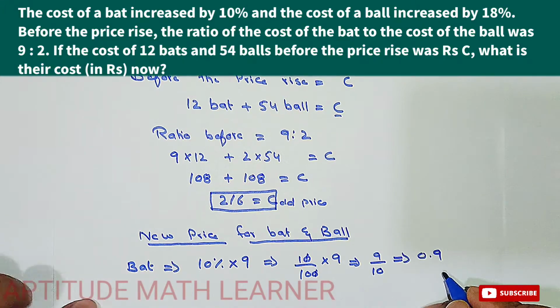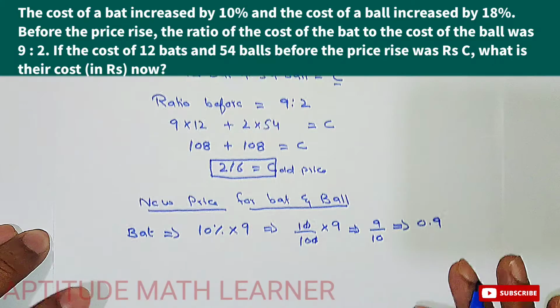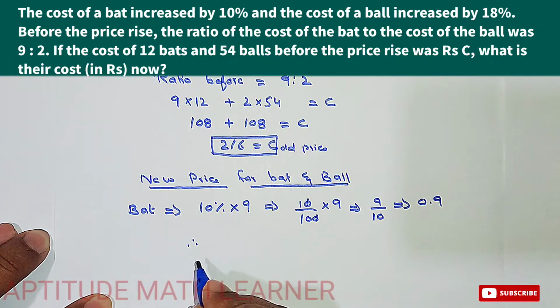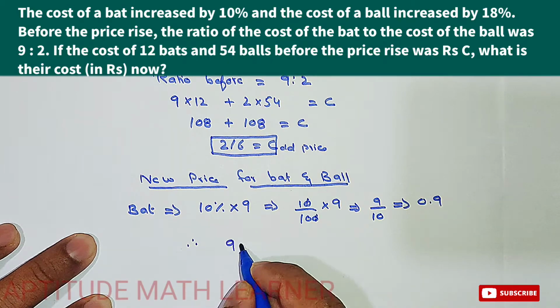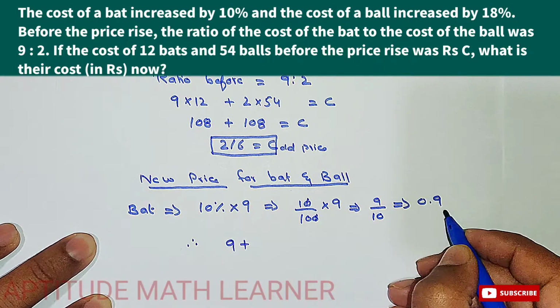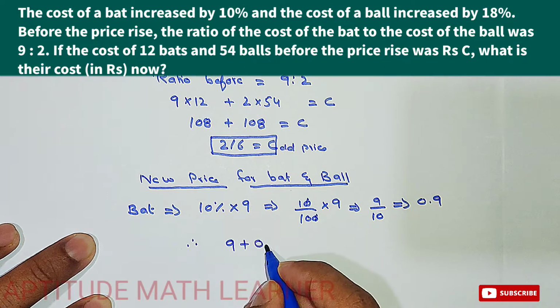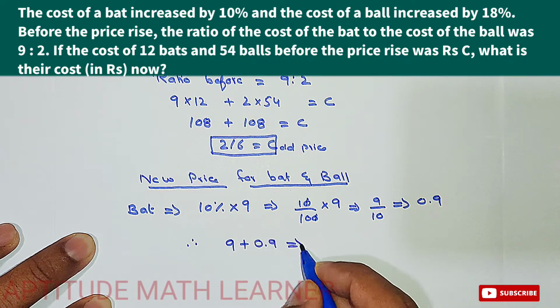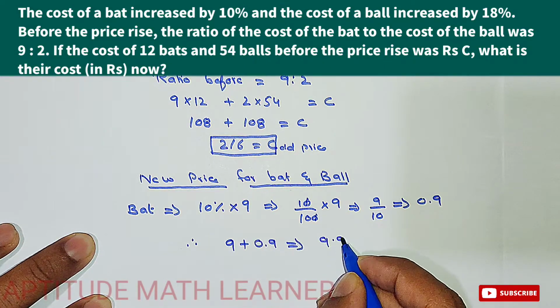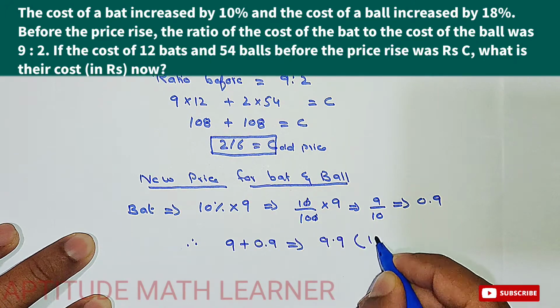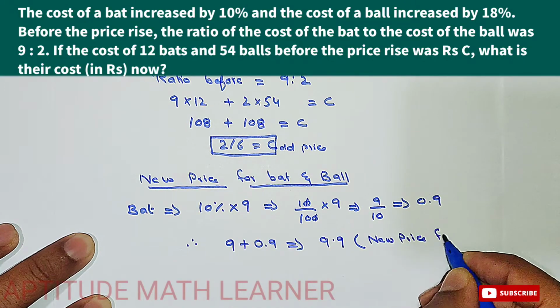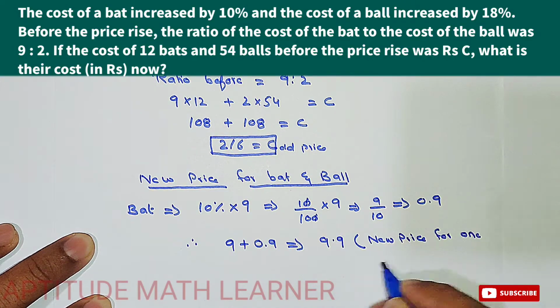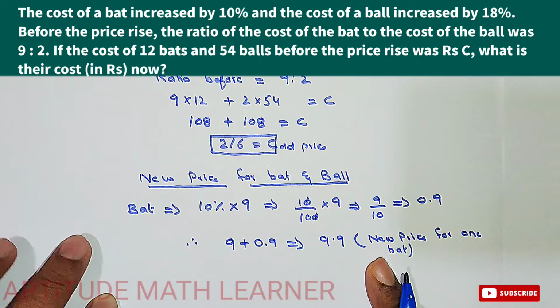I hope you have got it. Therefore the new price for the bat becomes 9 plus 0.9, which is equal to 9.9. This is the new price for one bat.